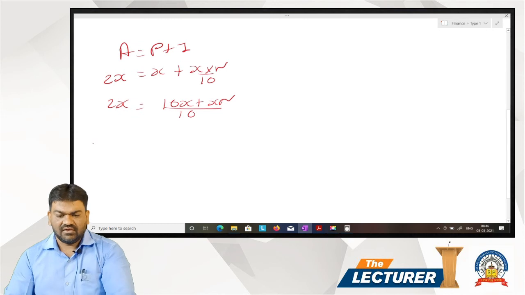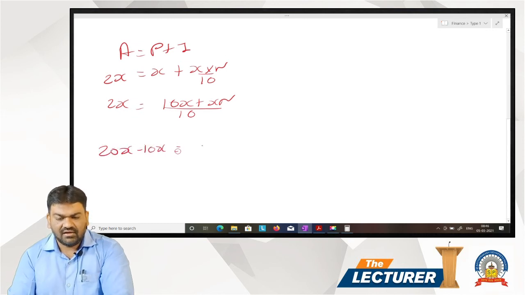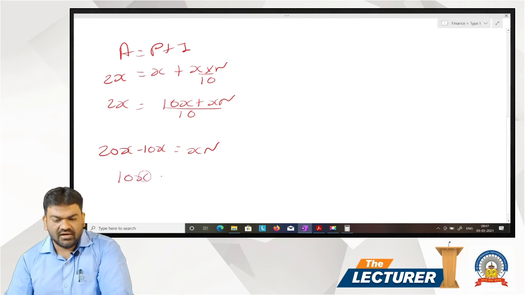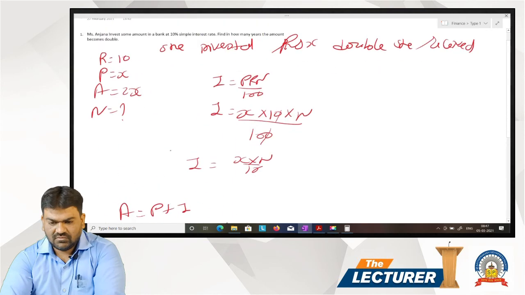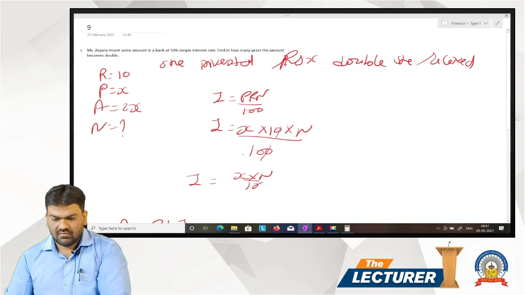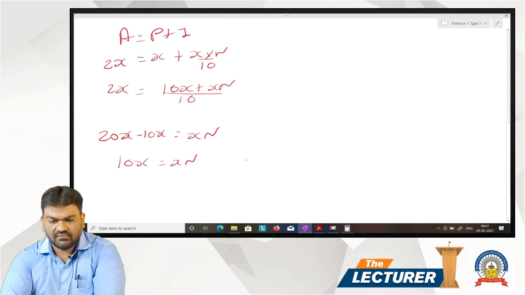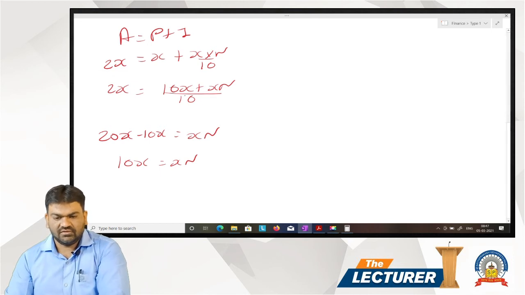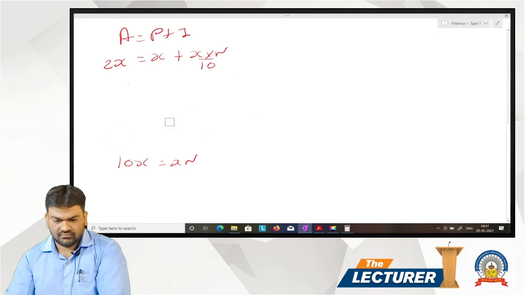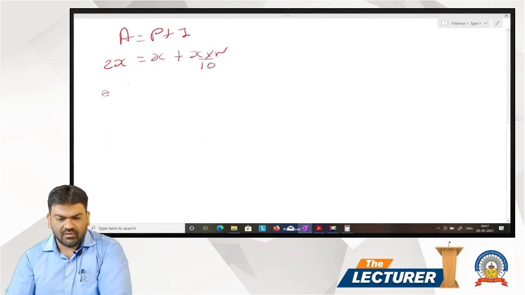10 goes to the other side, so it will be multiplied. 20x minus 10x is equal to xN. So 10x is equal to xN. Taking the LCM of 10, 2x minus x is equal to xN divided by 10.